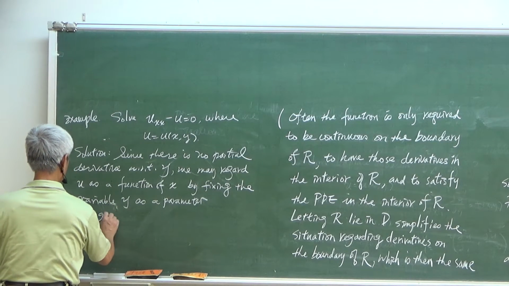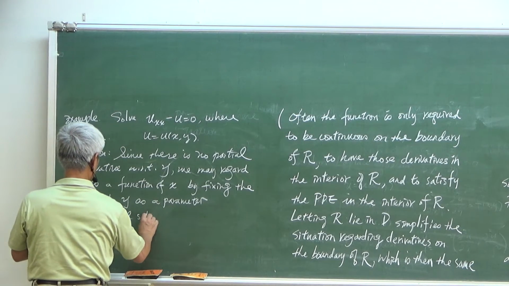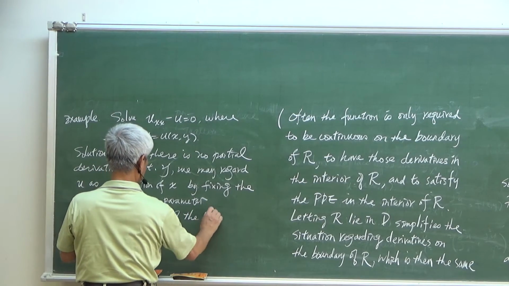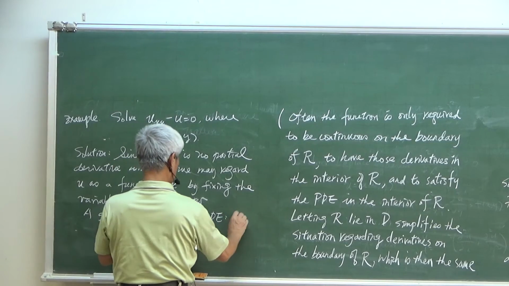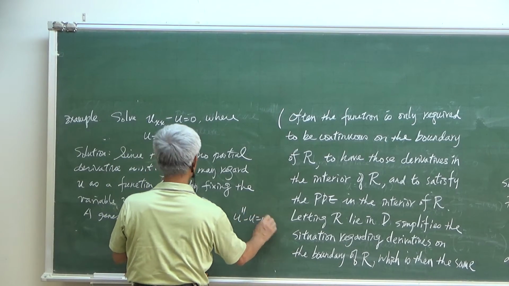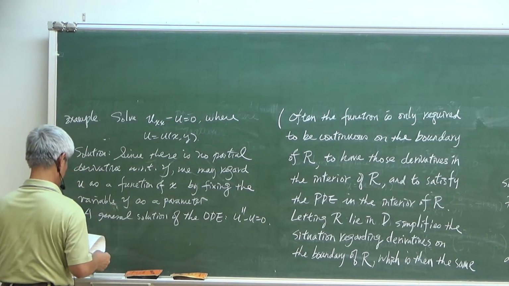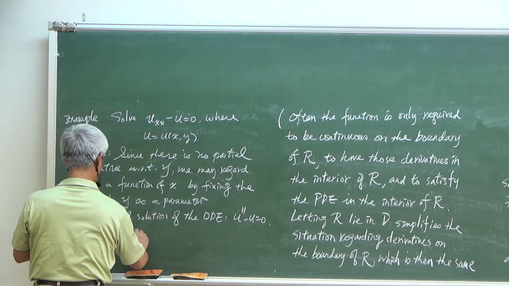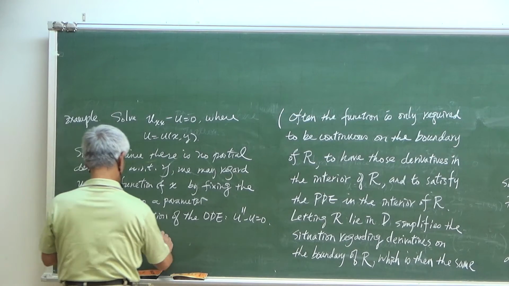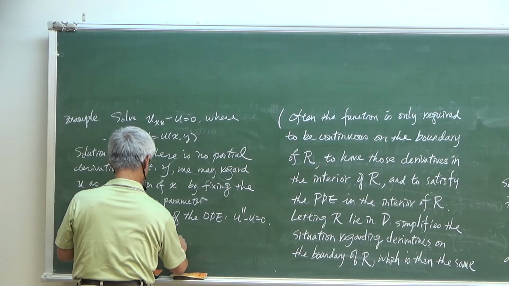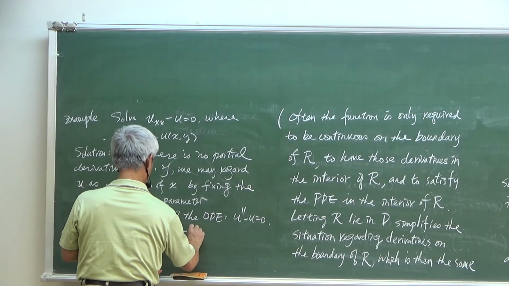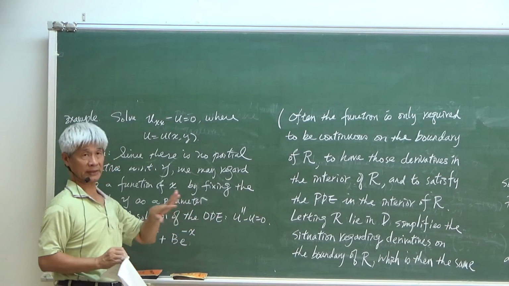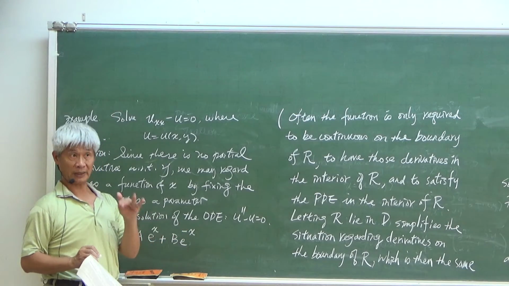We know a general solution of the ODE u'' - u = 0 is u = a e^x + b e^(-x), because the characteristic equation is r^2 - 1 = 0, so the roots are 1 and -1.